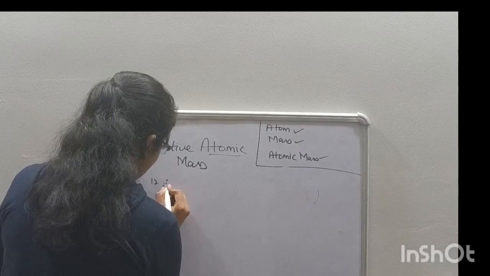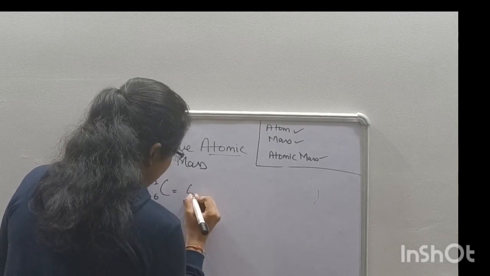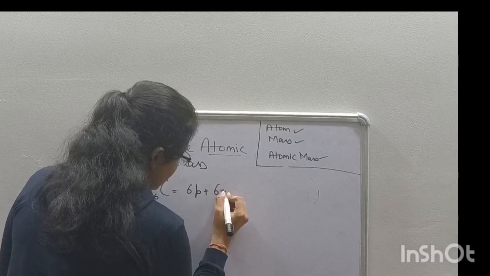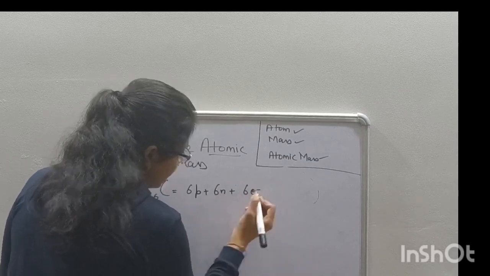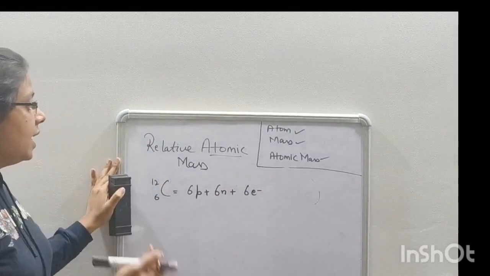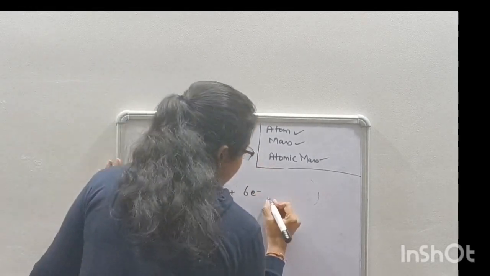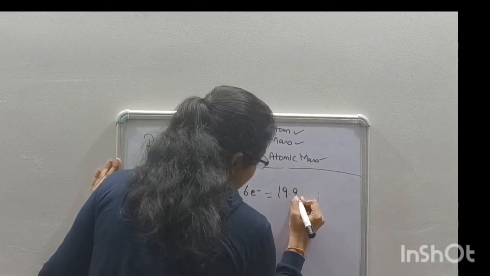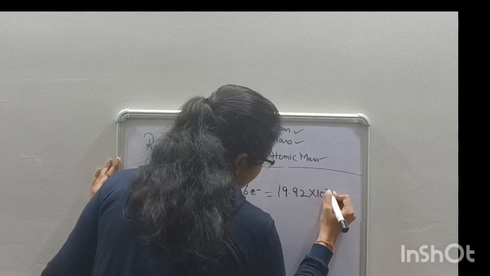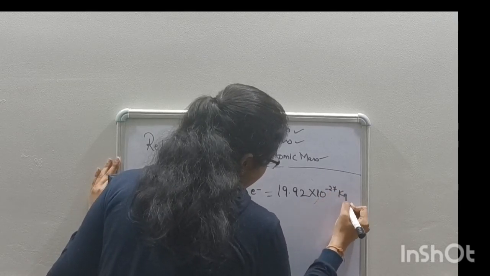So this 12C carbon atom consists of 6 protons, 6 neutrons and 6 electrons. And the mass of it, found by the scientists, comes out to be 19.92 × 10 raised to the power minus 27 kg.